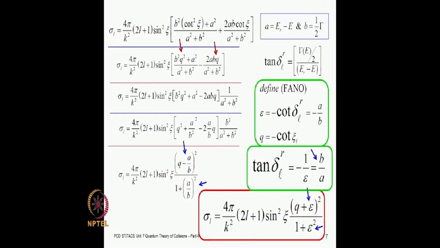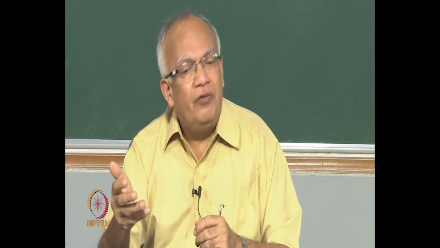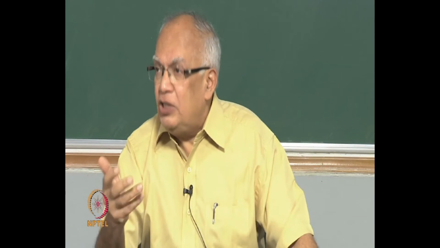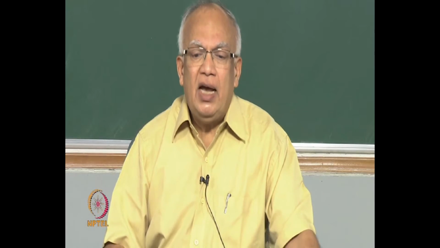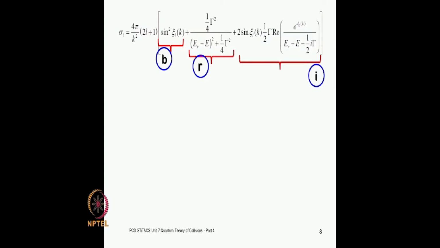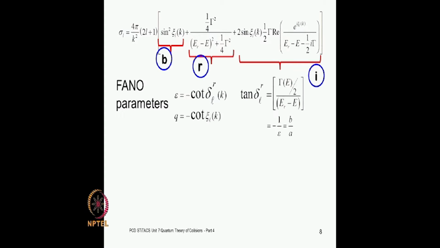So we separated out the dynamics resulting from the background and the dynamics which was coming from the resonance structure. So these are the three terms that we began with, okay, the background part, the resonance part, and the interference part, labeled by B, R, and I respectively.